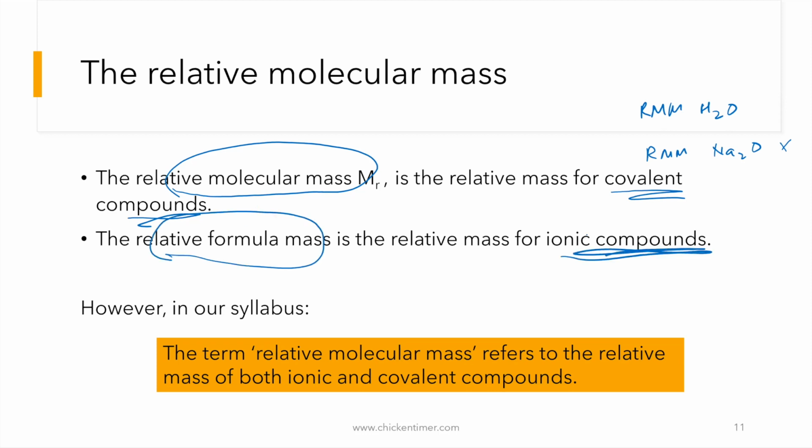If you see these two terms in your books or assessment books or guidebooks, they mean this. But for us, for O levels and N levels, we don't really care. We don't differentiate them. We just use relative molecular mass for both ionic and covalent compounds.